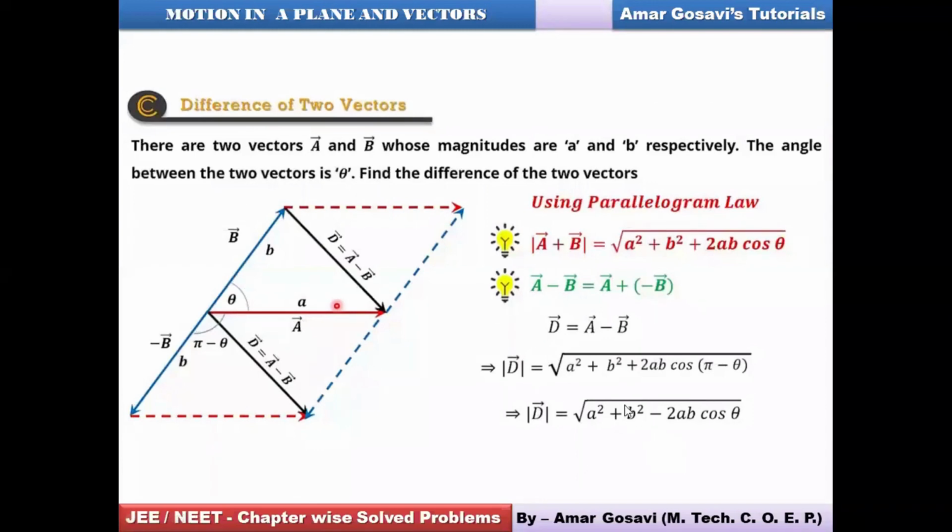Okay, so now you can see this same diagonal I will superimpose here at the top. The same diagonal from this particular end till this end will represent A bar minus B bar. The diagonal which was starting from this point and moving in this direction was representing A bar plus B bar. But you can see this diagonal in the opposite order is representing A bar minus B bar.